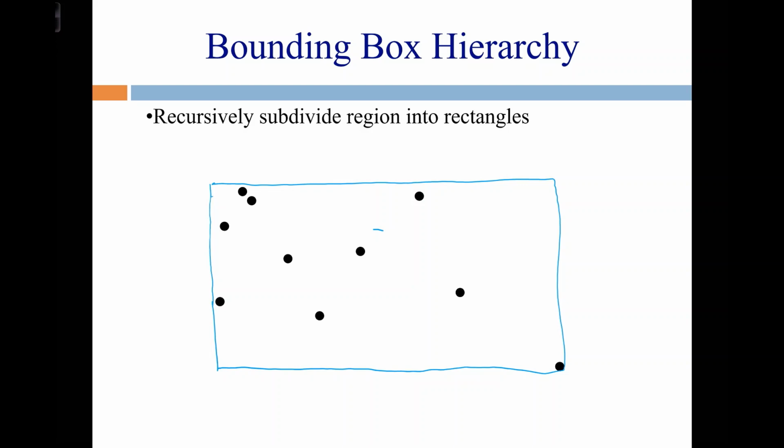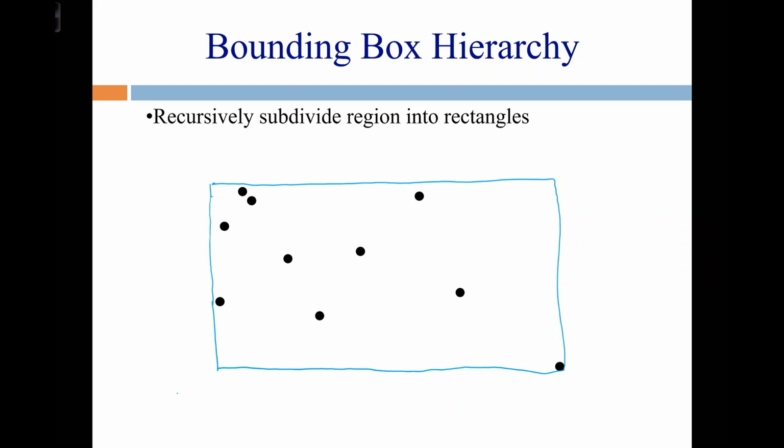So that now is the root node of the tree, and it holds information to represent this box. Then we have to decide how to make the children of this box.